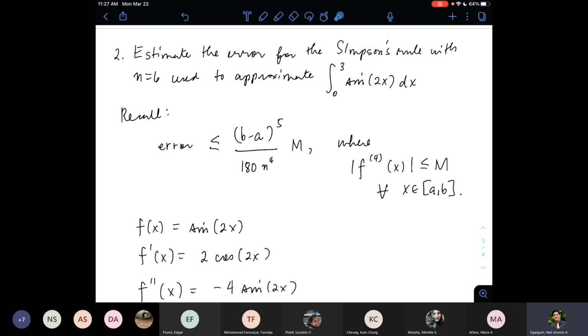So if you want a very good approximation for the integral, theoretically, you can say take n equals 1000. That will give you a very good approximation, at least from the theoretical point of view. But that will not always happen, because you're doing the calculations in a computer.